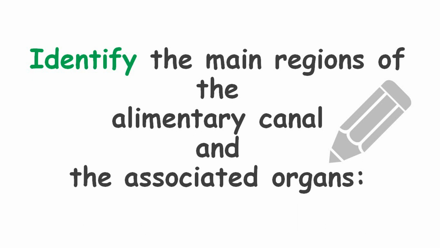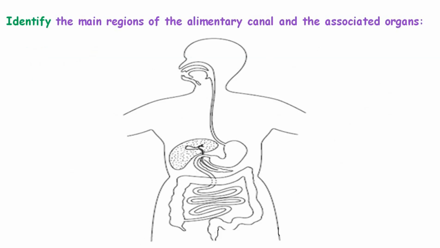After the video, now let us try our first activity to identify the main regions of the alimentary canal and also the associated organs. The first part of the digestive system where food enters the body is the mouth. The cavity inside the mouth is known as the buccal cavity.